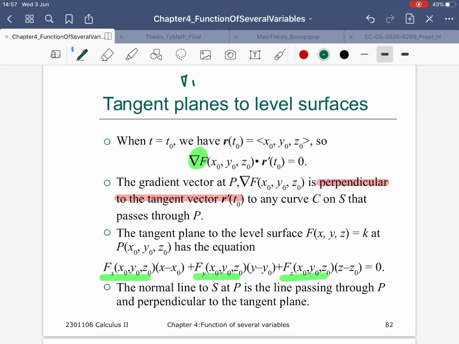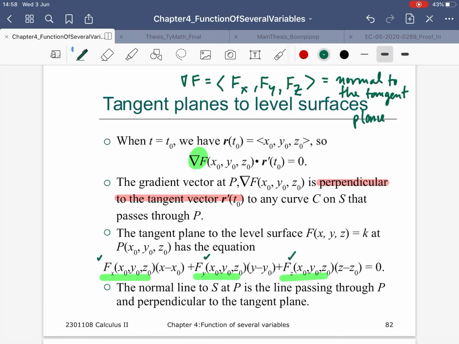So let me write it down again: the gradient of f is simply f sub x, f sub y, and f sub z in each component. So this is a normal to the tangent plane, so we just get this normal component right there, and then you dot it with x minus x0, y minus y0, and z minus z0, and because they are normal to each other, the dot product equals 0.